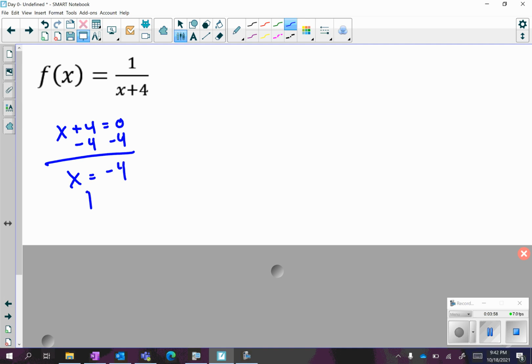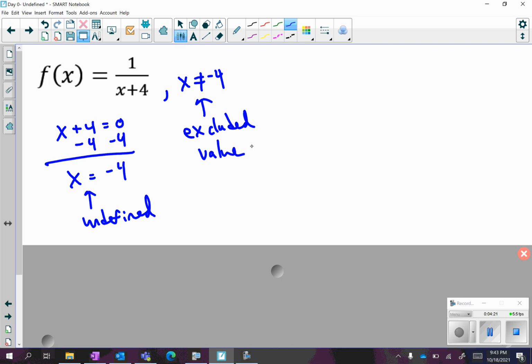This value makes it undefined. That's why usually in questions you see a little comma and it says x cannot equal -4, because we know that this is an excluded value, because it makes it undefined.